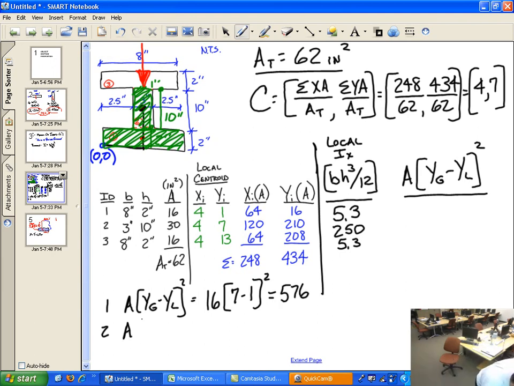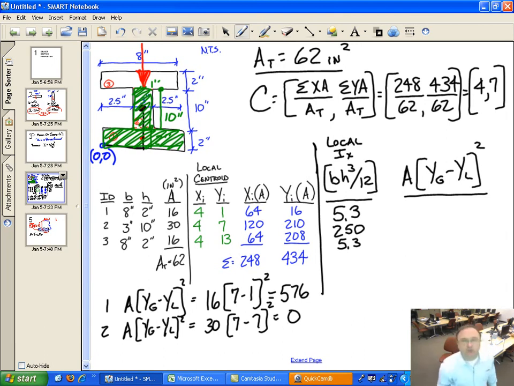Piece 2: area times Y global minus Y local squared. Bigger area, 30, times my global is 7, my local is 7, squared, 0. There's no contribution because the centroid of part 2 is at the center of the body.